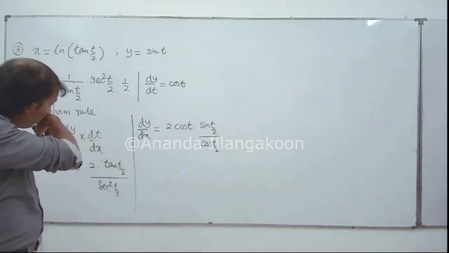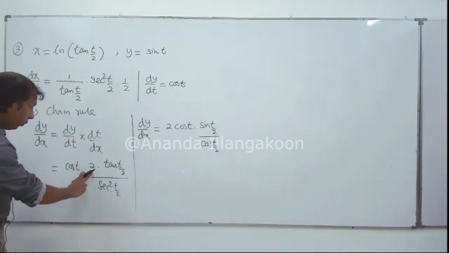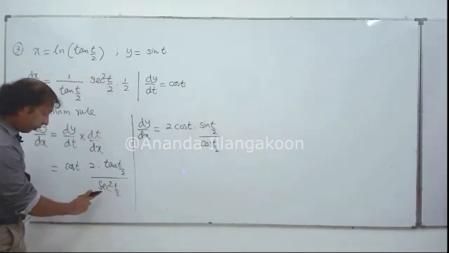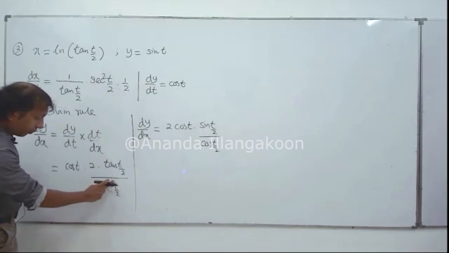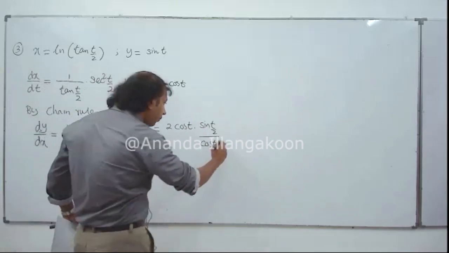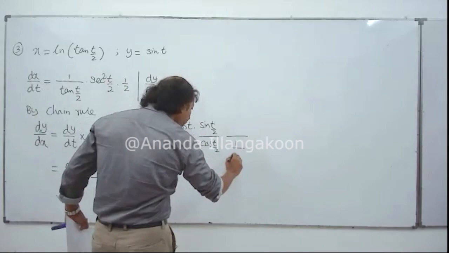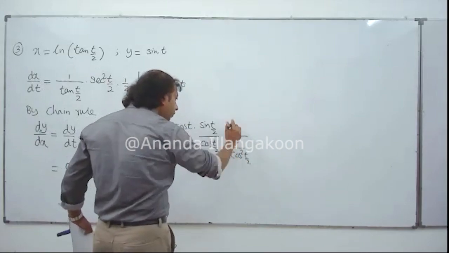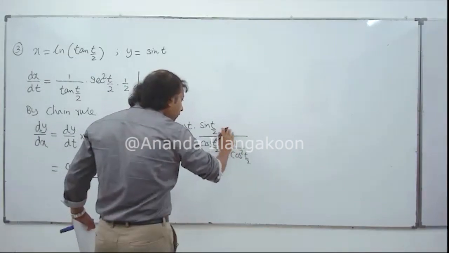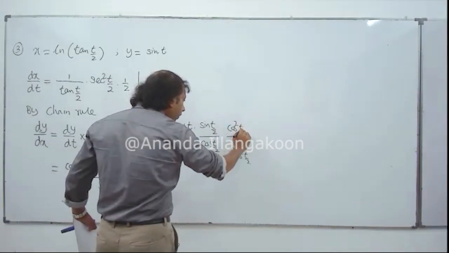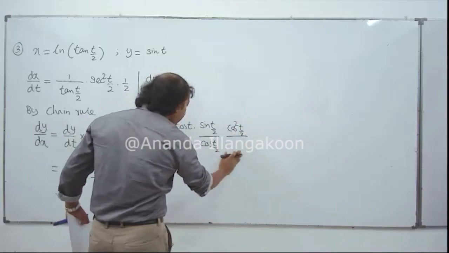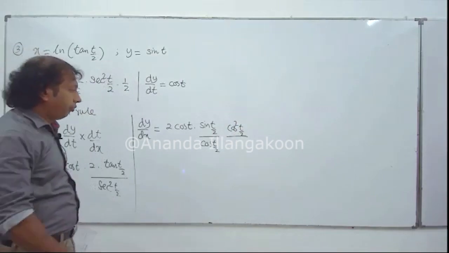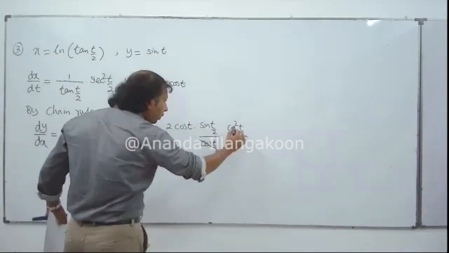Now, 2 cos t tan(t/2) I can write as sin(t/2) divided by cos(t/2). Here sec square t by 2 means 1 upon cos square, no? Cos square t by 2. This we can put here like this. Yes, we can cancel like this, no? Then one cos(t/2) you can cancel on this.